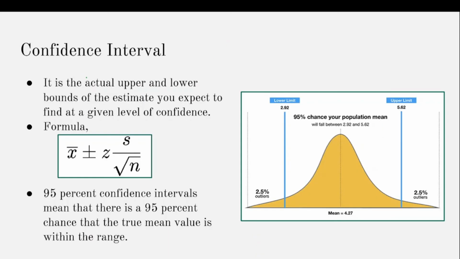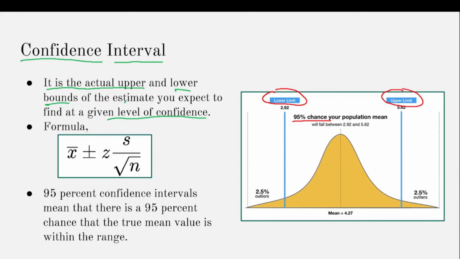Now let us see another important parameter, that is the confidence interval. So confidence interval is a range of values in which we are fairly confident that our true value will lie. So it is the actual upper and lower bound of the estimate you expect to find at a given level of confidence. Suppose we are considering a 95% confidence level. At this level, we define a lower limit and an upper limit.